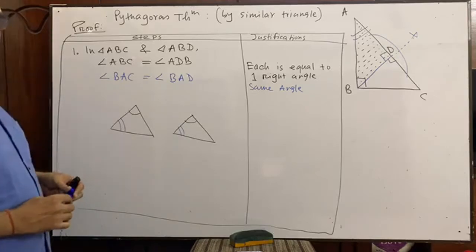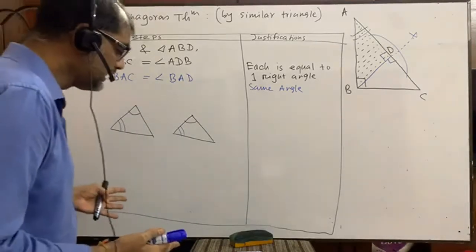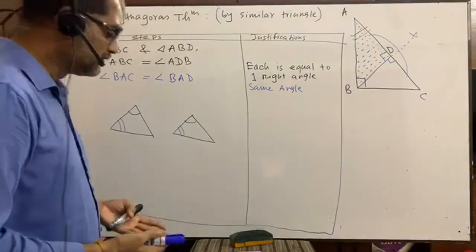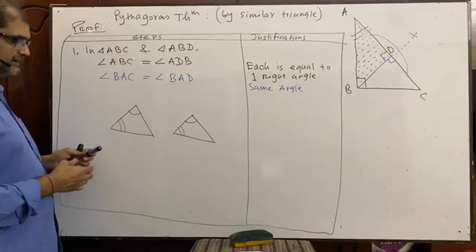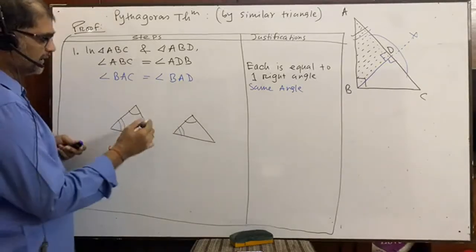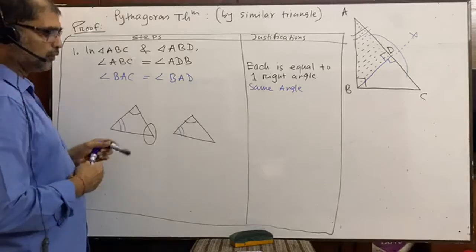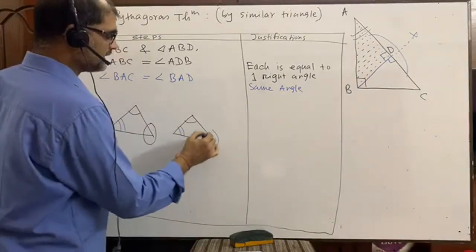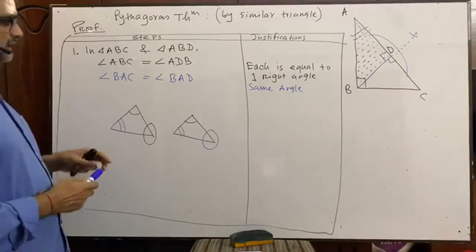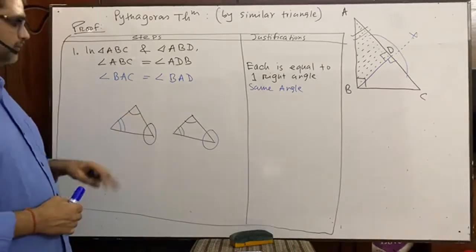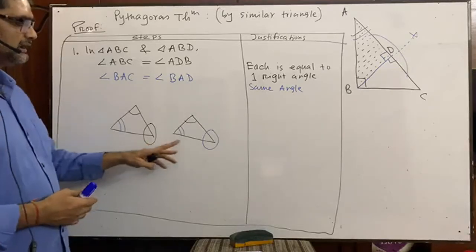Then what should be written? The remaining angle, that is the third angle, is also equal to the remaining third angle. So automatically this angle and this angle will be equal.